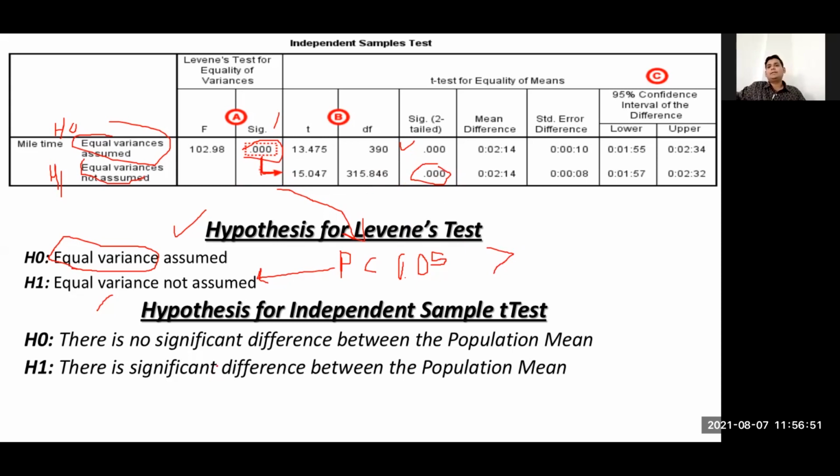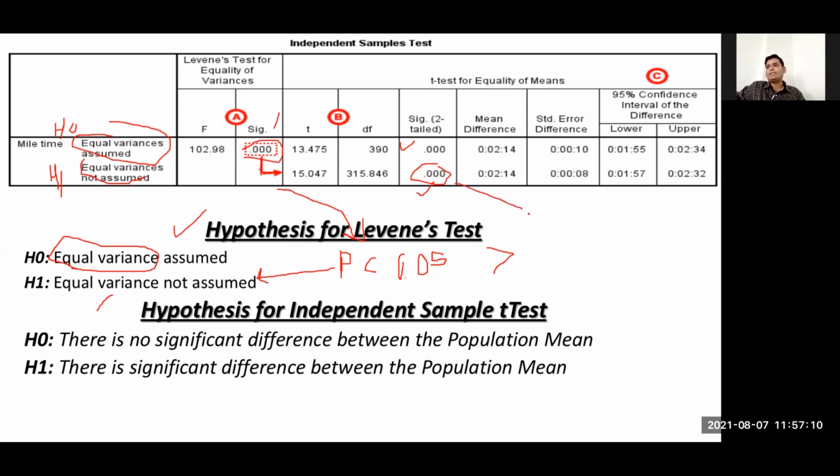Then you have to see the significance value for this. Based on the equal variance not assumed, we have seen that the significance level is 0.00, which is less than 0.05.